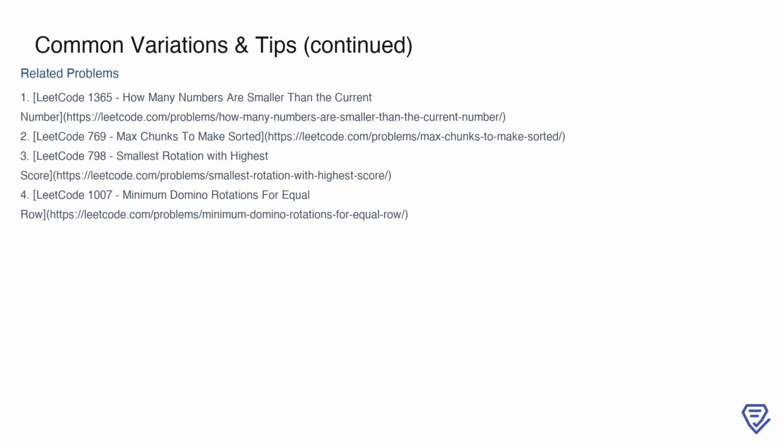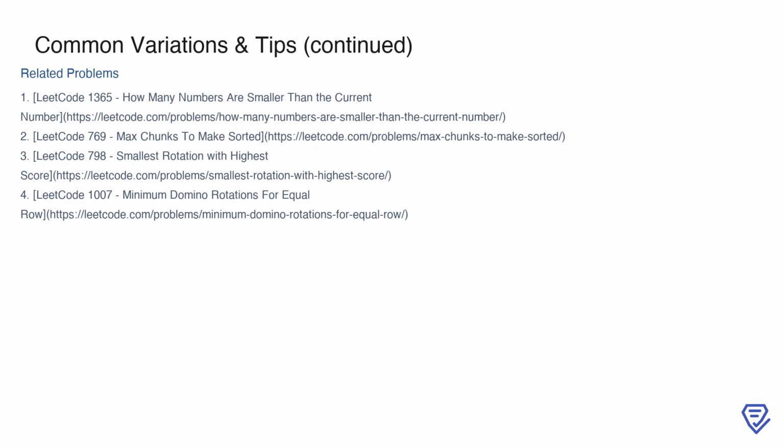If you're looking to practice related problems, here are some excellent options. First, LeetCode 1365, How Many Numbers Are Smaller Than the Current Number, focuses on counting and comparisons within an array. Next, LeetCode 769, Max Chunks to Make Sorted, involves dividing an array into chunks based on conditions, which is conceptually similar to this problem.